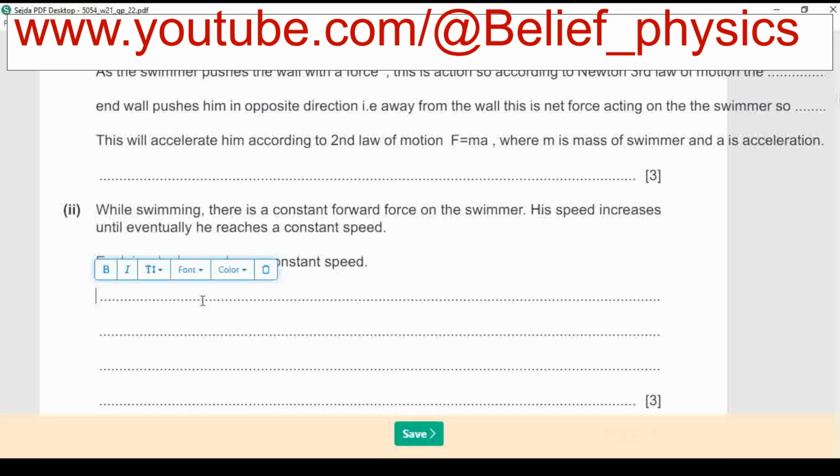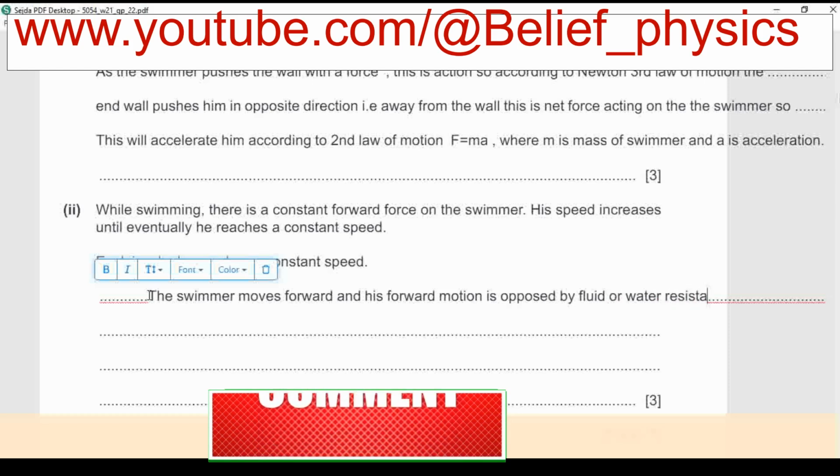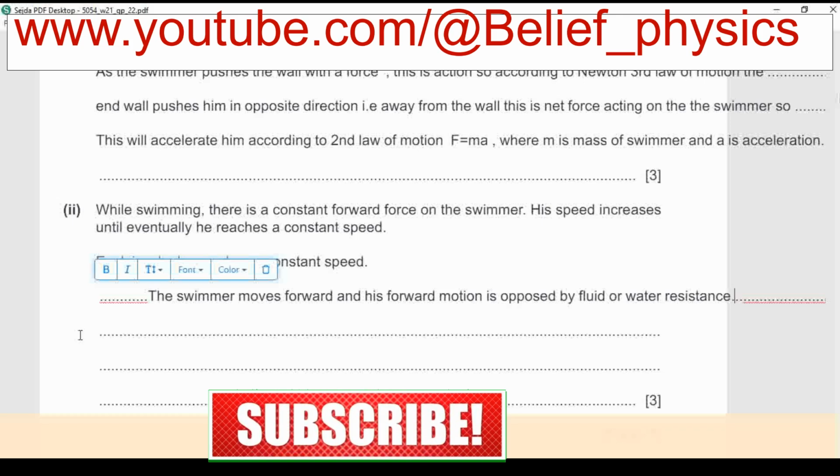Okay, so I will write: the swimmer moves forward and his forward motion is opposed by fluid or water resistance. Okay, this is the first point. We will write in points.